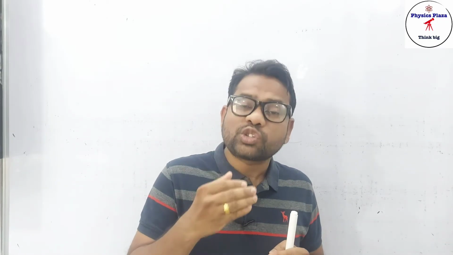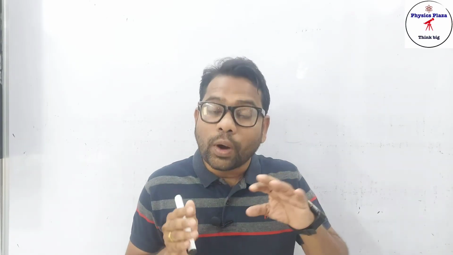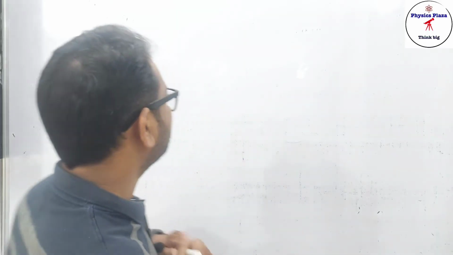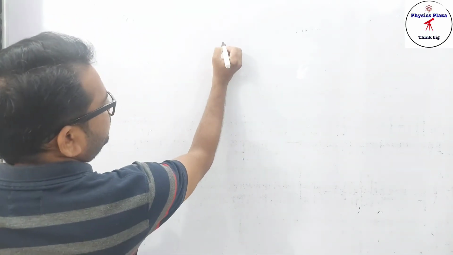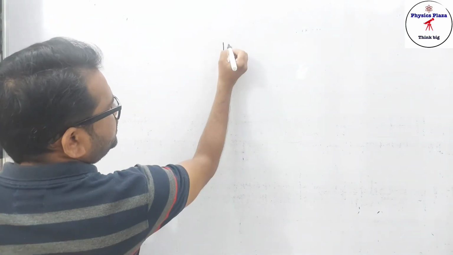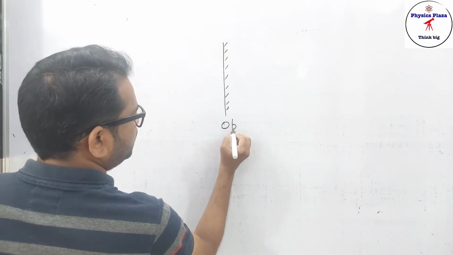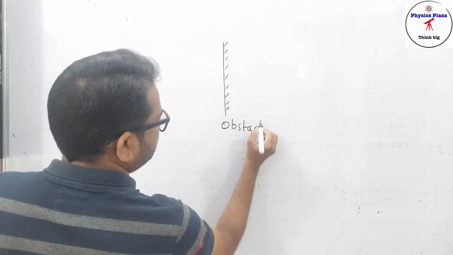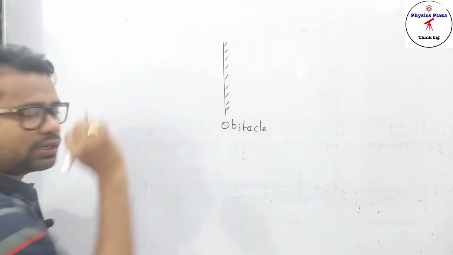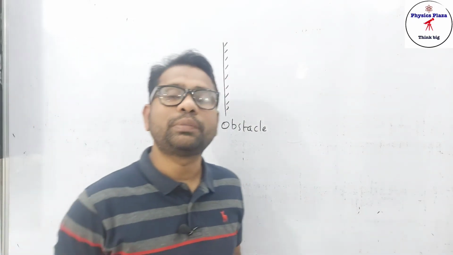Now let us see in detail what happens when sound strikes a distant obstacle. For example, here is a distant obstacle. It might be a wall, a cliff, or a tower, anything which will stop a sound.